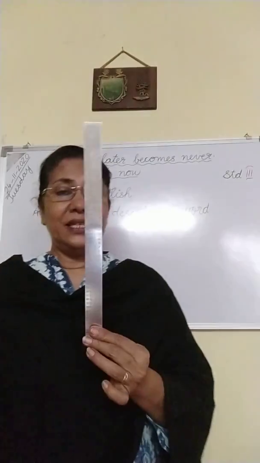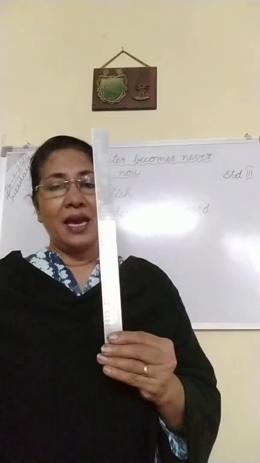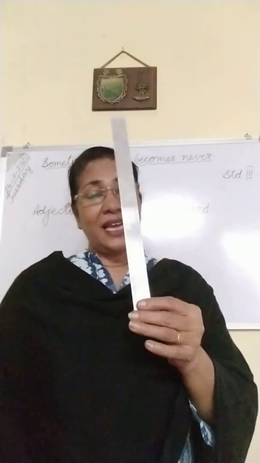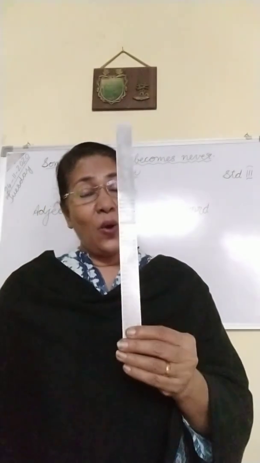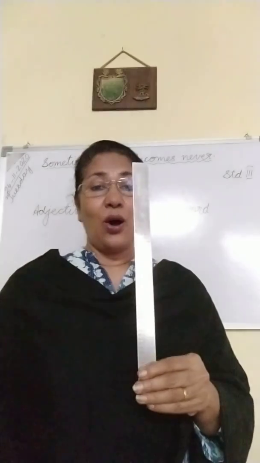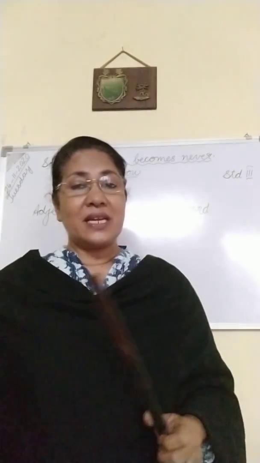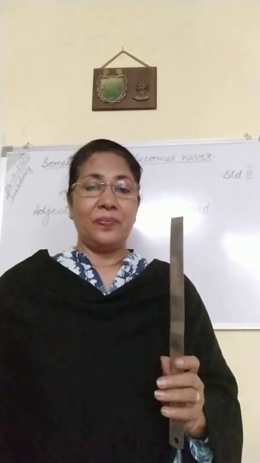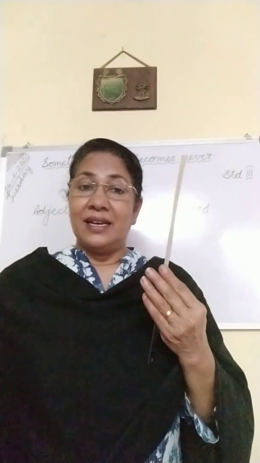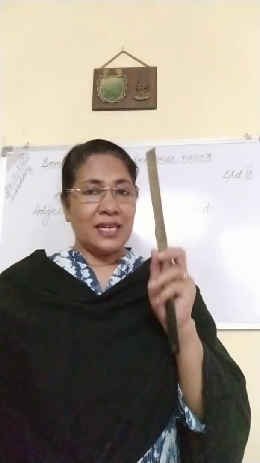Now, this is a scale. The scale is long and it is of steel. Now, what are the describing words I used here? Yes, I said it is long. L-O-N-G, long. That is a describing word.